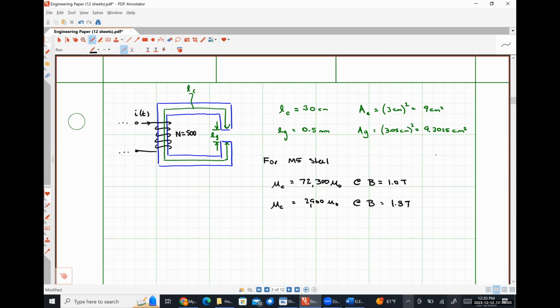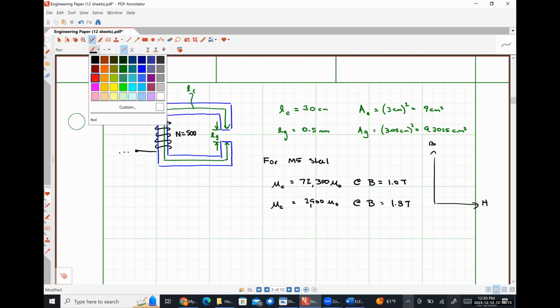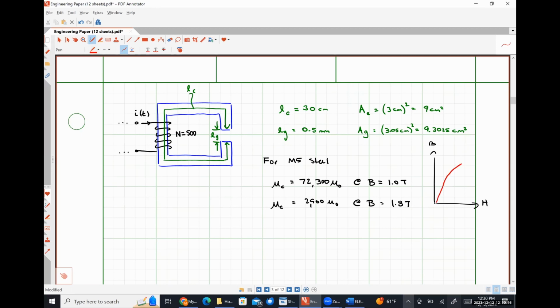So just so that you're catching what I'm throwing, if this is B and this is H, and this is our BH curve, our first point is somewhere down here, where we see that a very small change in the H field causes a very large change in the B field.